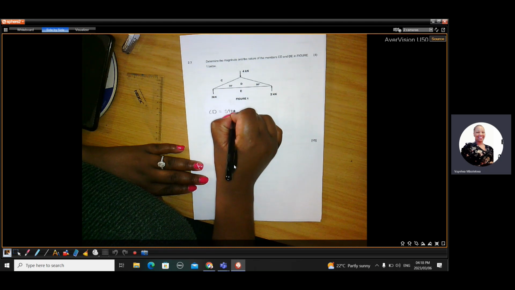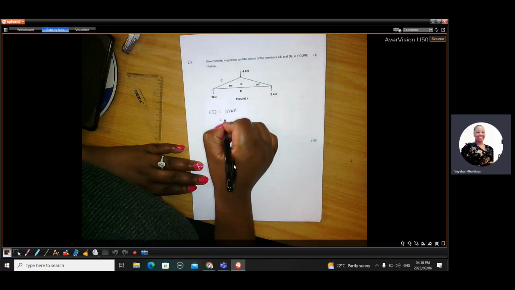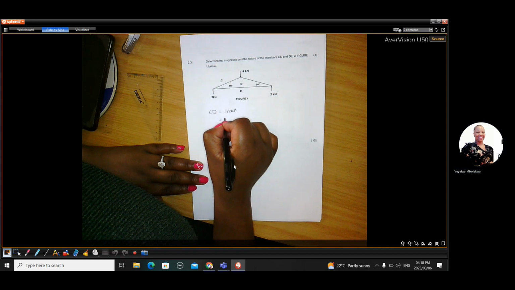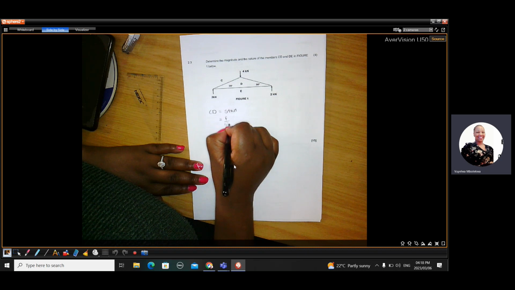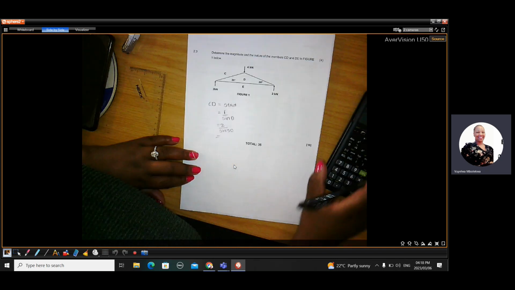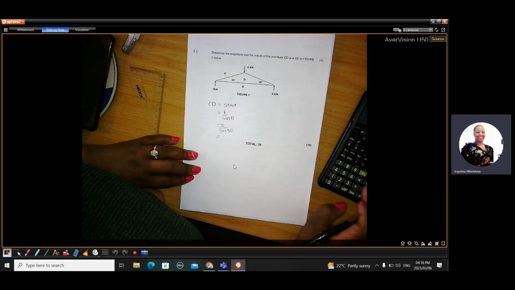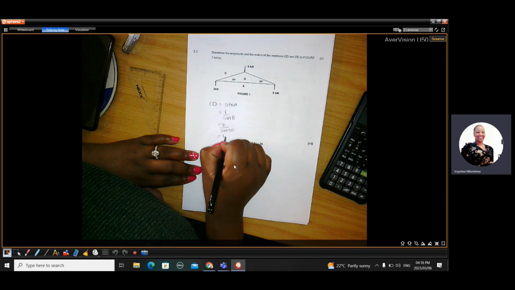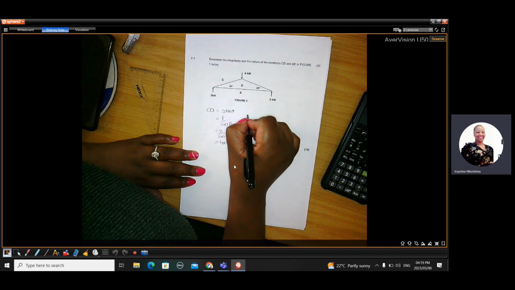And the magnitude is going to be the force divided by sine of the angle. The force is 2 divided by sine 30. So 2 divided by sine 30 gives us 4 kilonewtons.